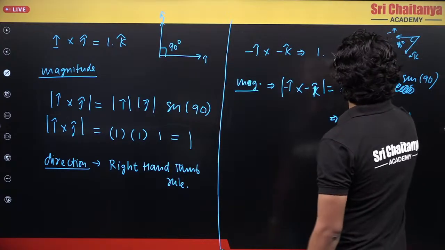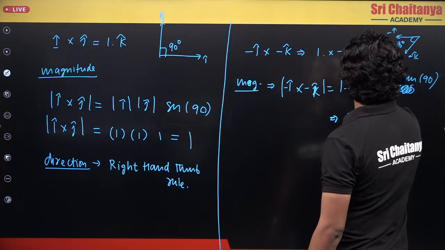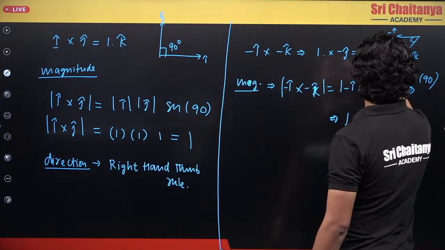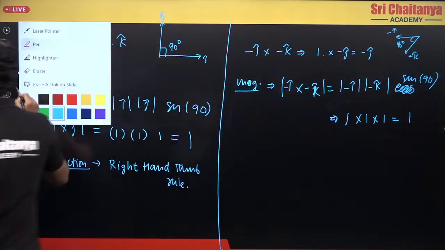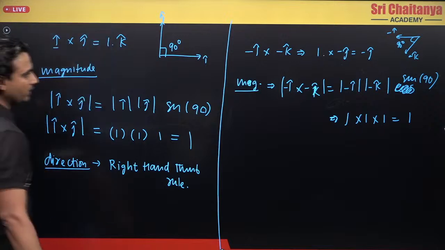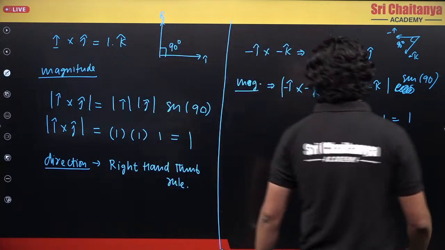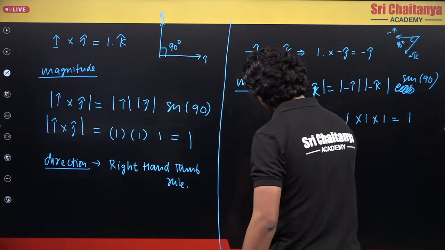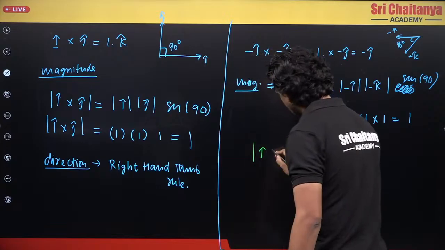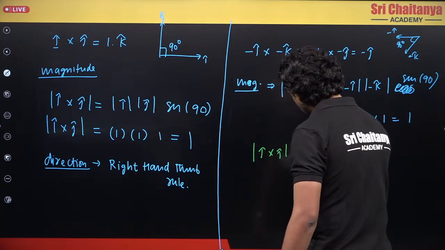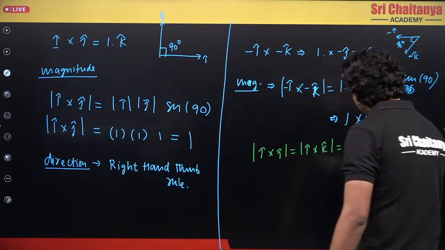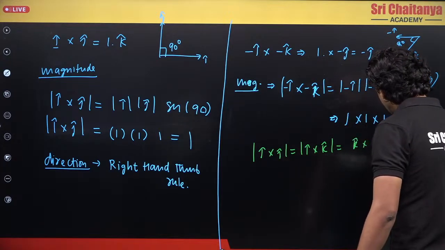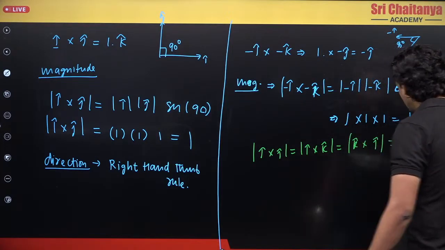So 1 into minus j, so minus j is my answer. So what can I say? That when i is not equal to j, the magnitude is equal to 1. So i cross j is equal to i cross k is equal to k cross j, they are all equal to 1 in magnitude.